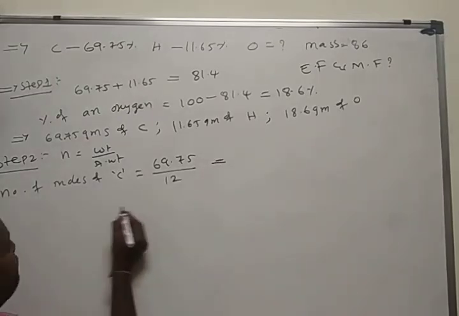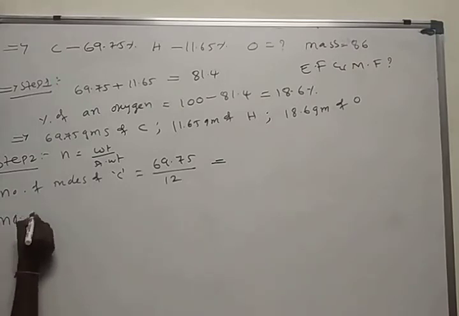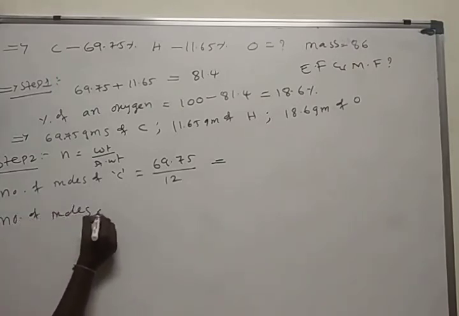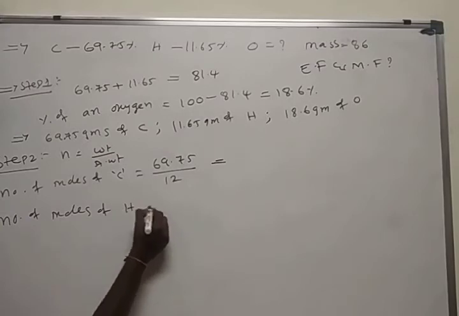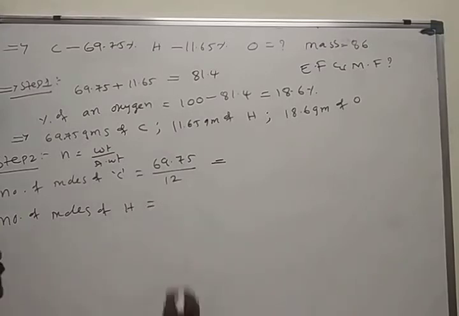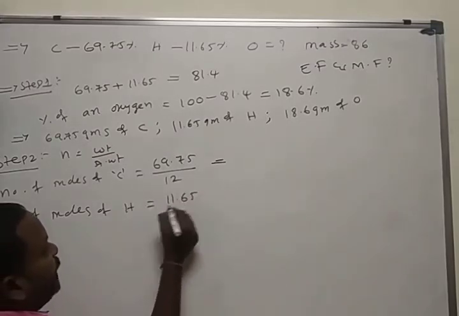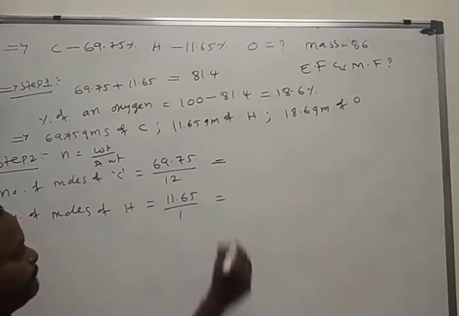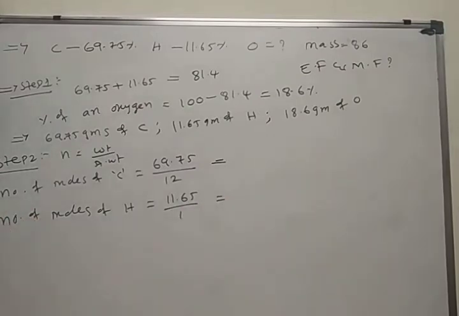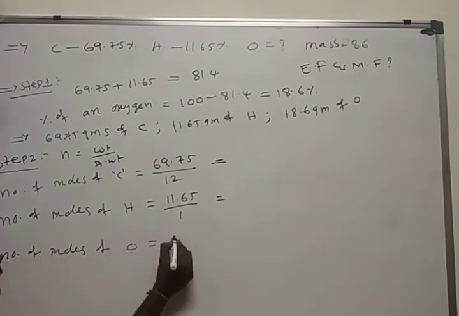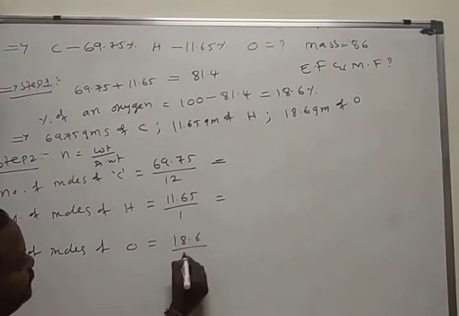Then number of moles of hydrogen is equal to 11.65 by 1. Next, number of moles of oxygen is equal to 18.6 by 16.